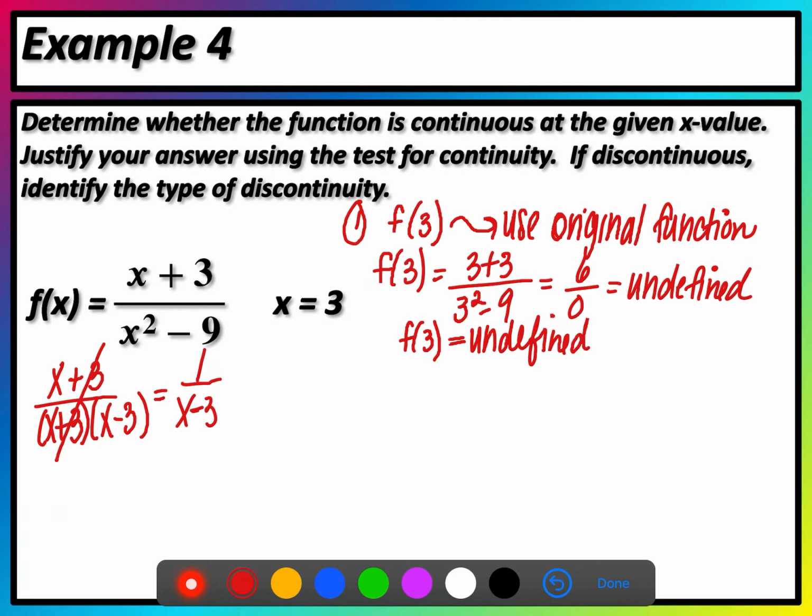Because remember, the limit can equal the hole, but evaluating the function at the hole is undefined. And we can only get that if we use the unsimplified version. Okay, when you find the limit algebraically, we can use the simplified function.